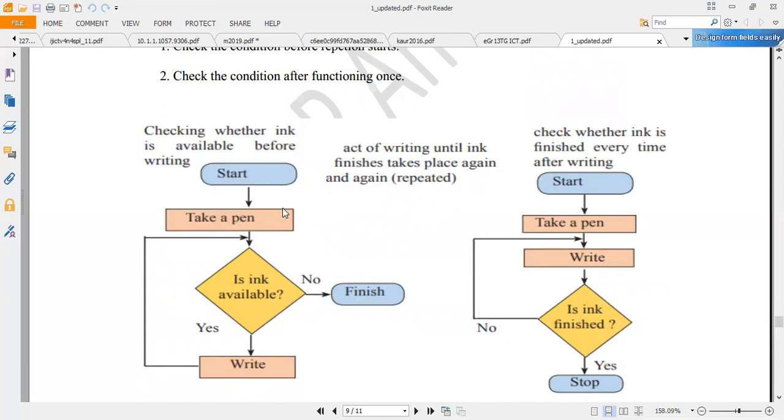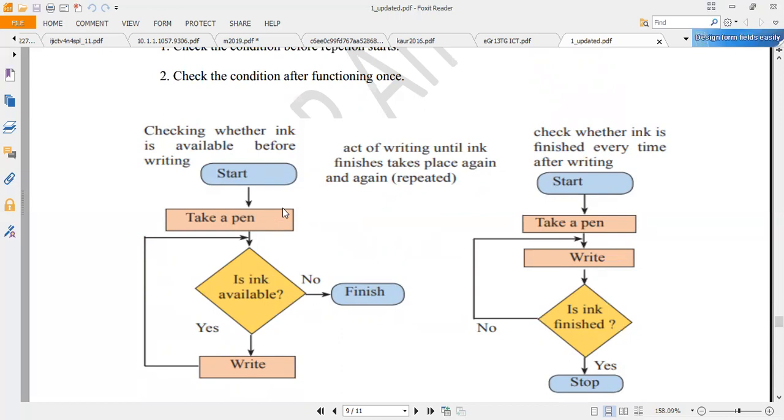Checking whether ink is available before writing starts: take a pen. Is ink available is a condition. If yes, write repeatedly. If the ink is not available, the condition gives the result no, and then the process finishes. The act of writing until the ink finishes takes place again and again repeatedly.